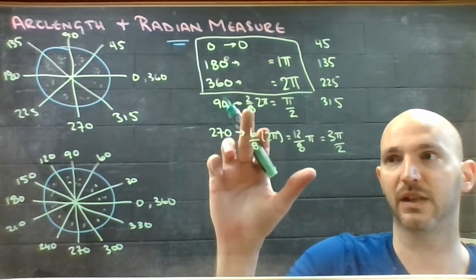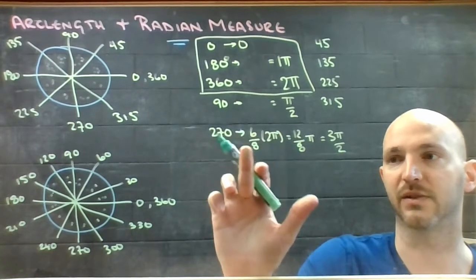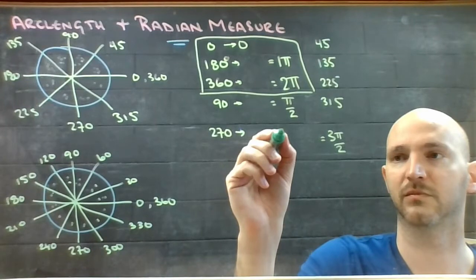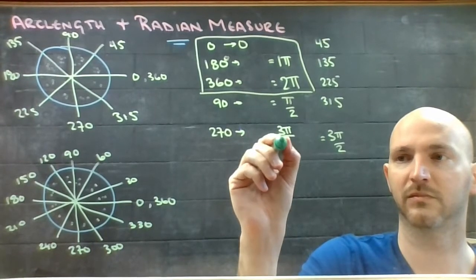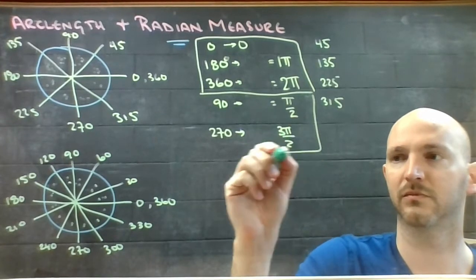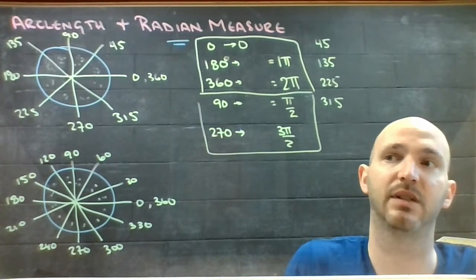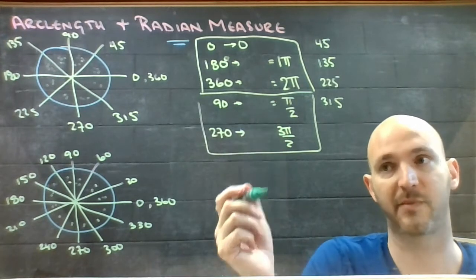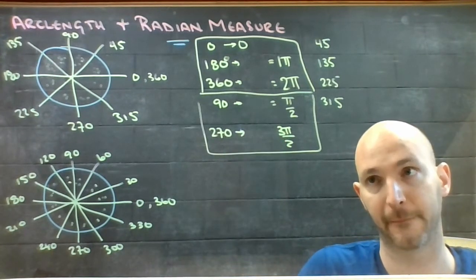If I get rid of the intermediate work here so it's not quite so cluttered, 90 and 270 are half pi values. So 1 half of a pi or 3 halves of a pi.